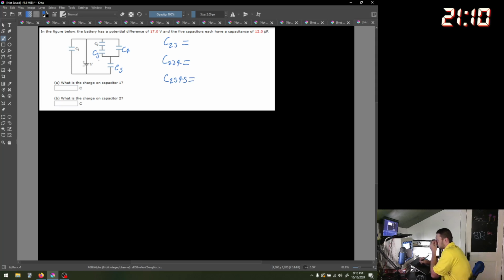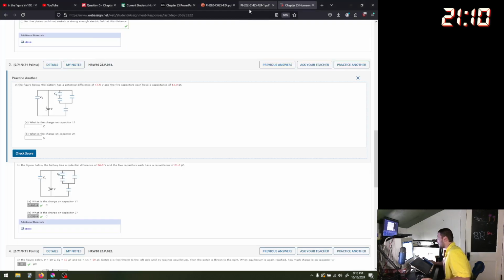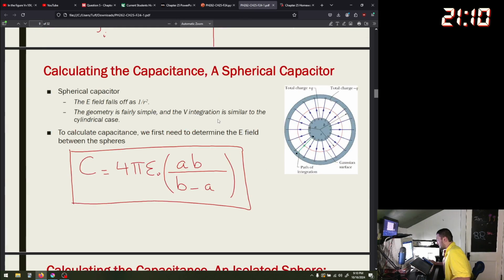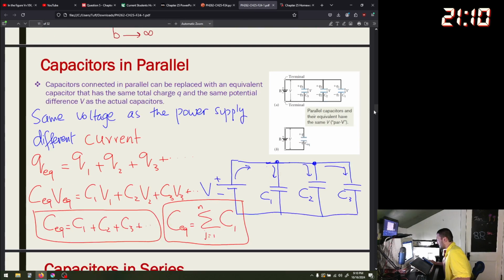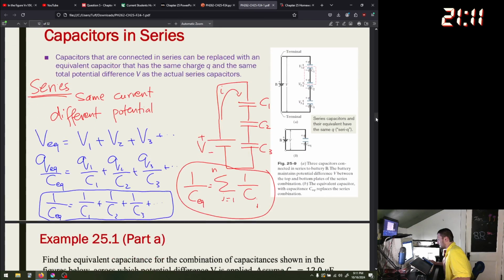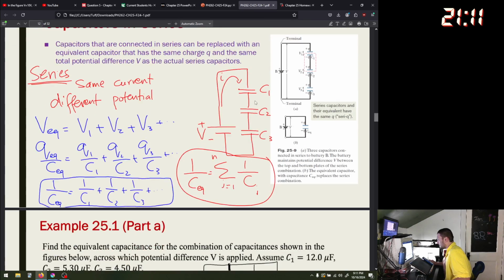And what we're going to notice is it's going to be the difference between parallel and series. C2 and C3 appear to be in series. And if we go back to the notes here on how to add series versus parallel, this would be what parallel looks like, and this is series, just like that.